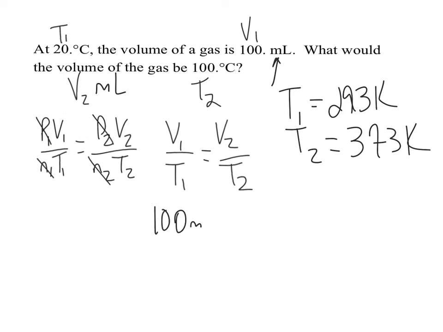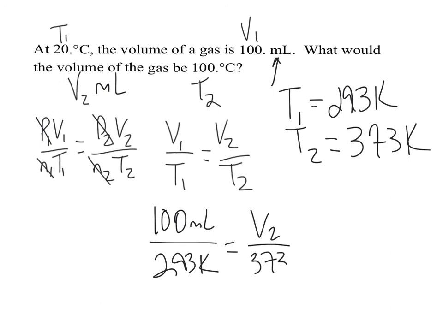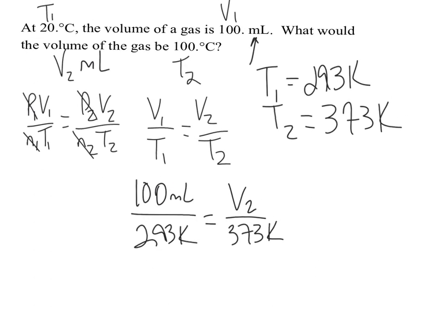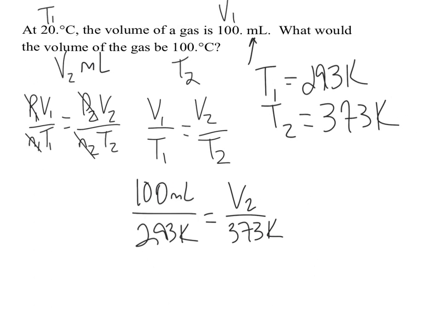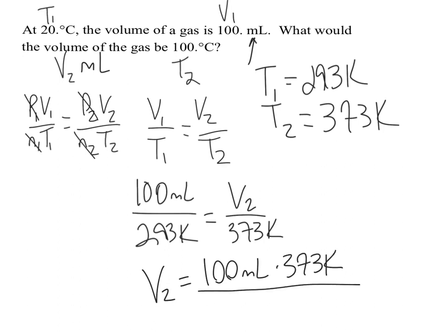100 milliliters for V1 over 293 Kelvin for T1 equals my mystery V2 over 373 Kelvin. Solving for V2, we're going to multiply both sides by 373 so that I get V2 is equal to 100 milliliters times 373 Kelvin divided by 293 Kelvin.